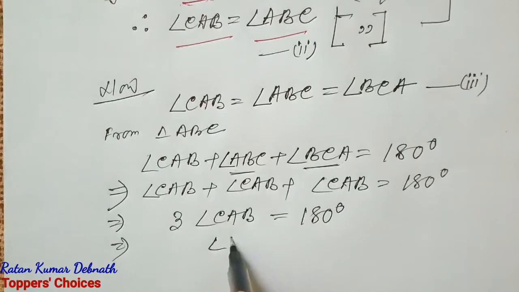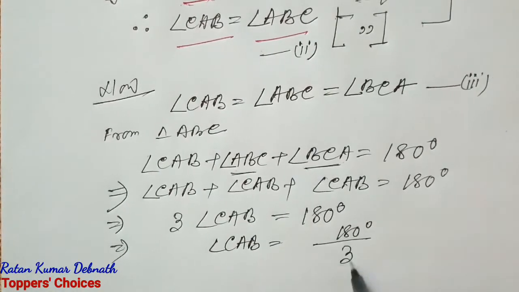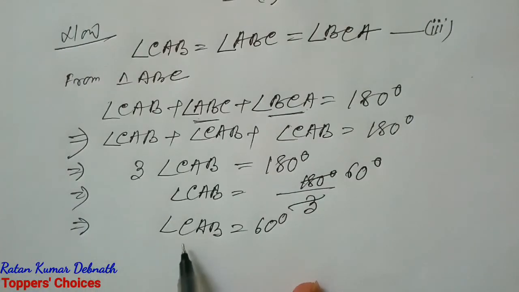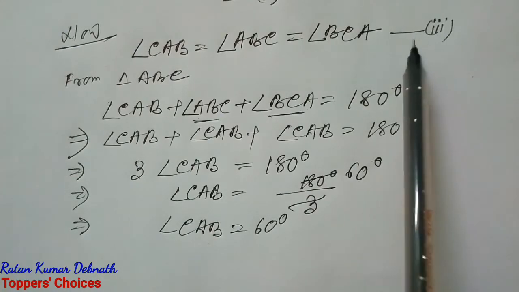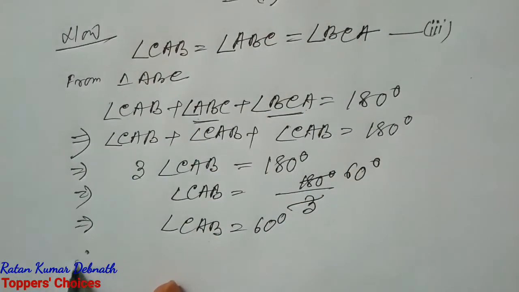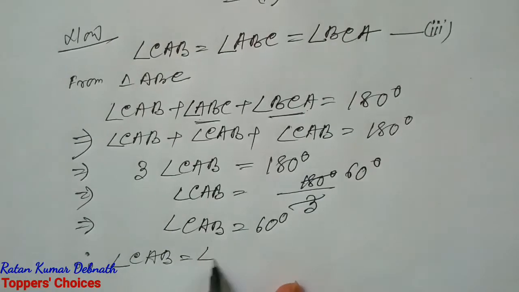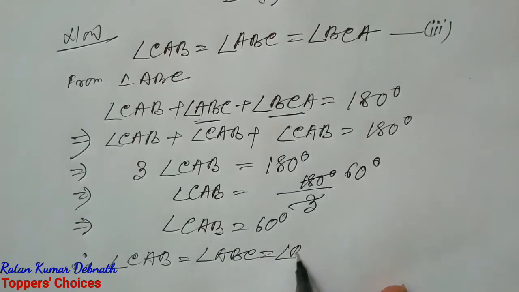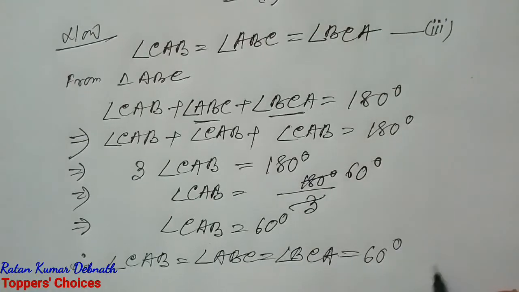That is, angle CAB equals to 180 degree by 3, that is 60 degree. And as we know that all the three angles are equal, therefore angle CAB equal to angle ABC equal to angle BCA equals to 60 degree, proved.